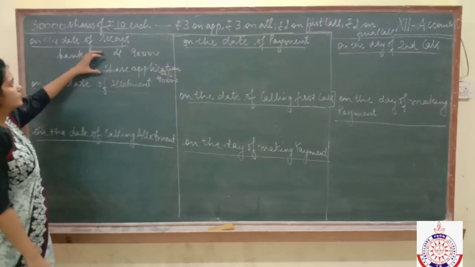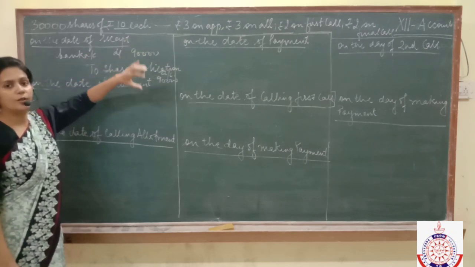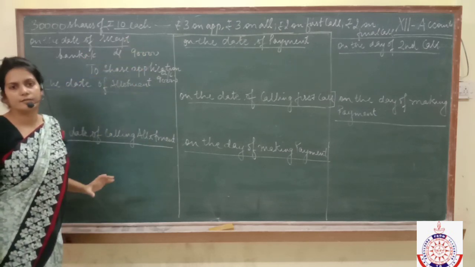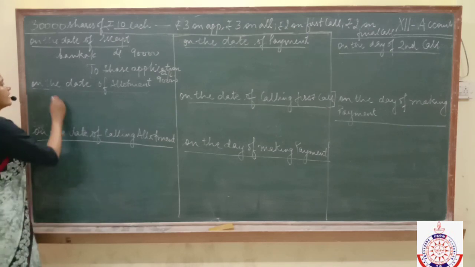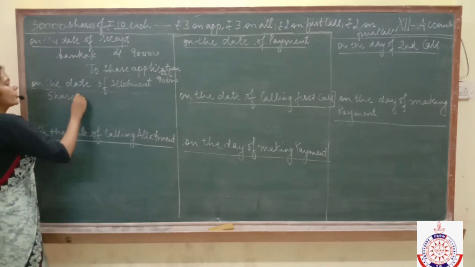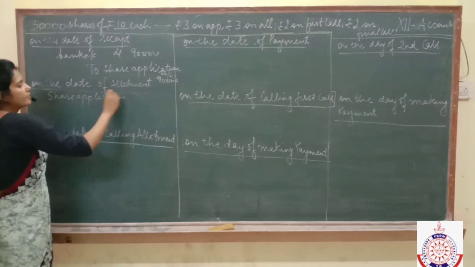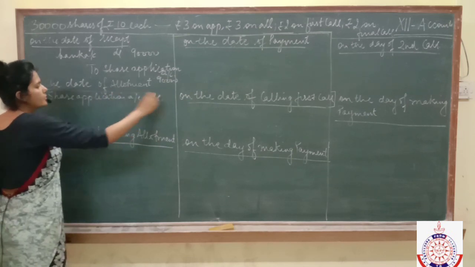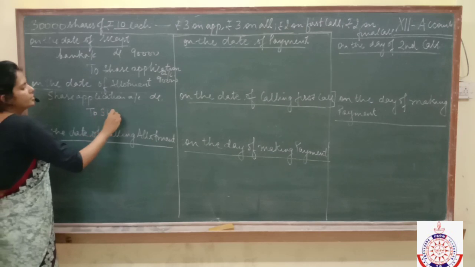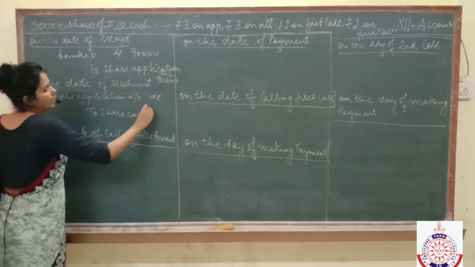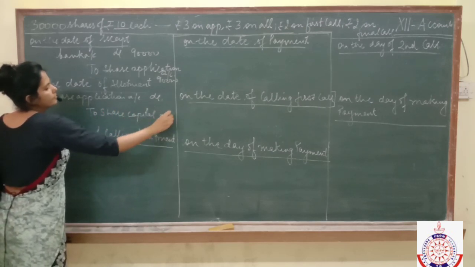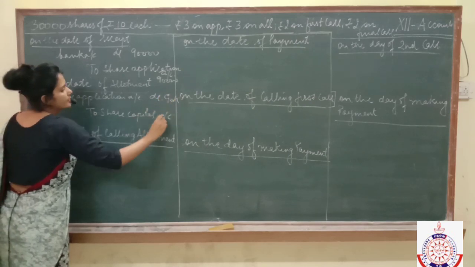If I allot the shares to everyone, then what entry will I pass? I will transfer the amount of application, which is the money given by the public, to the share capital account of the company, 90,000.